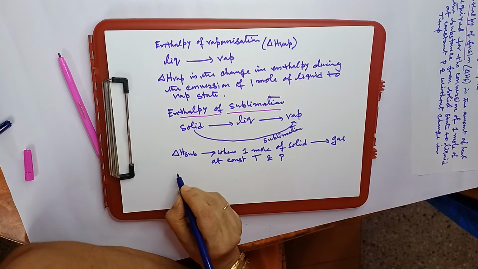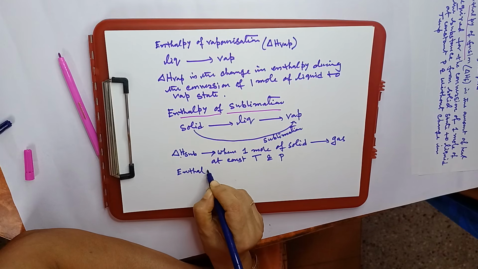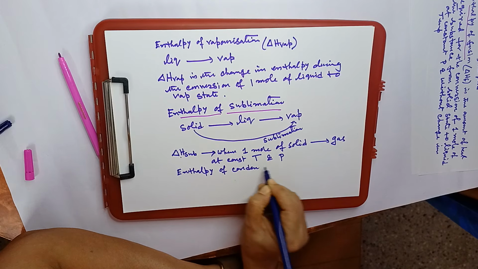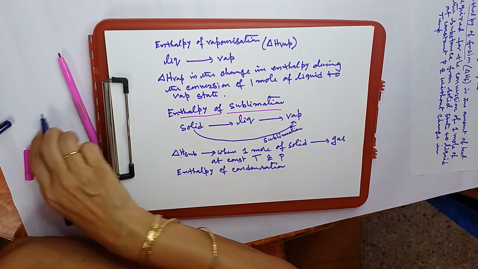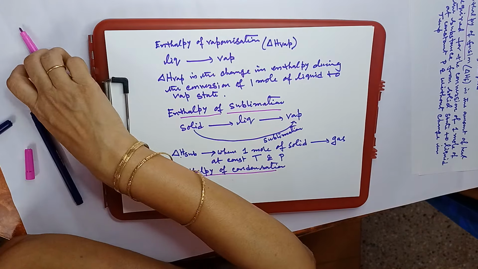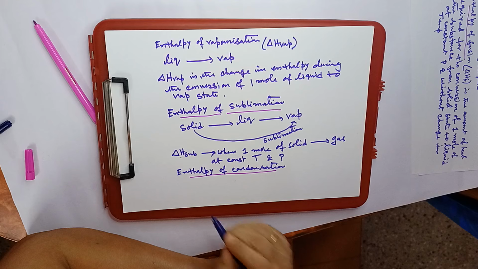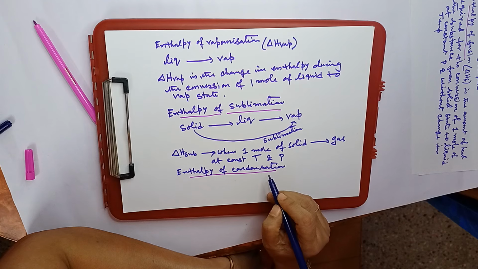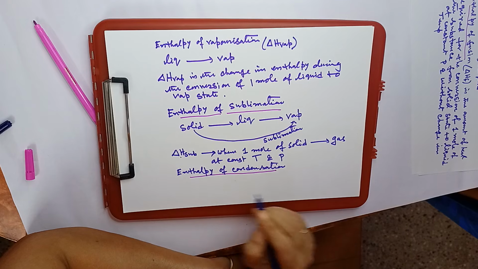Similarly, we can write enthalpy of condensation. What is that? Enthalpy of condensation means the condensation of this vapor to liquid state. It is the energy or heat released during the conversion of 1 mole of the vapor to liquid state at constant temperature and pressure.